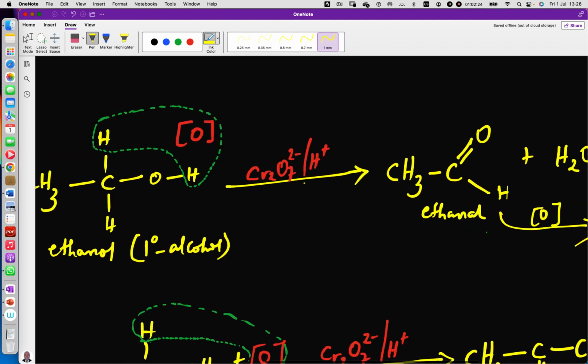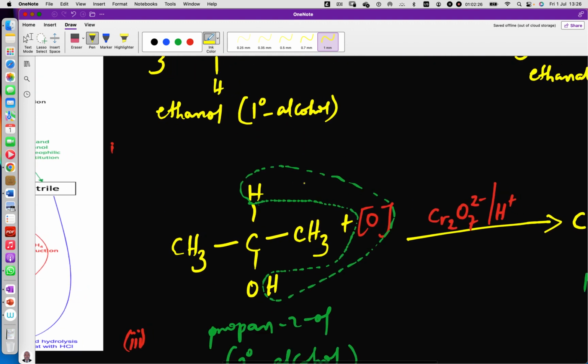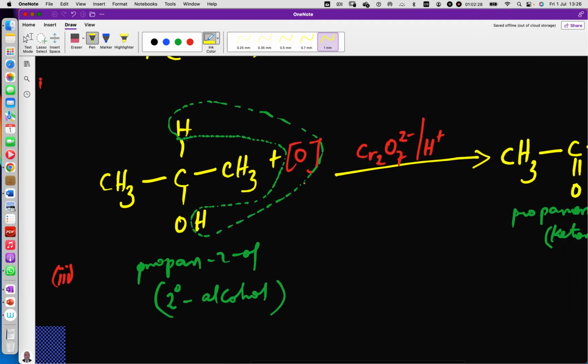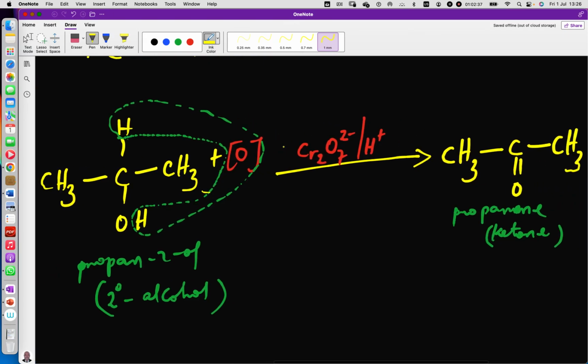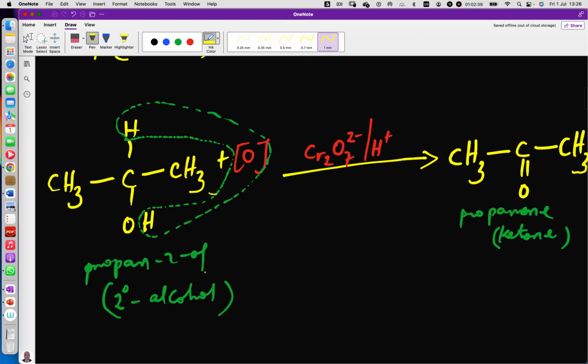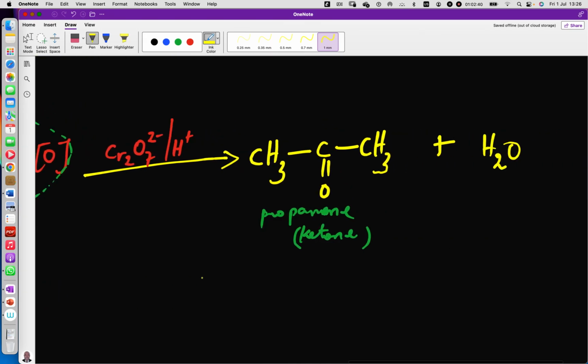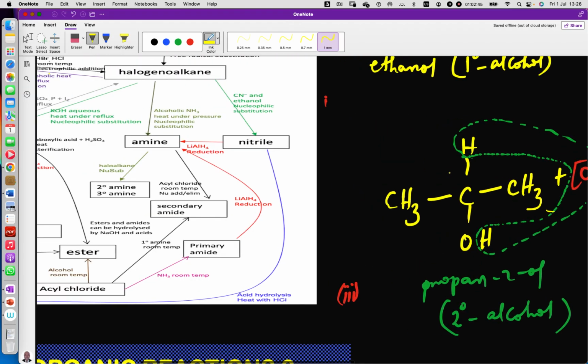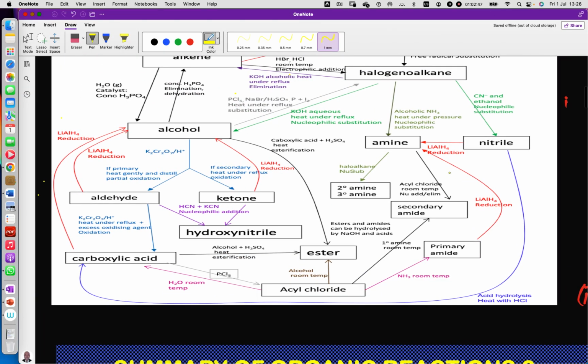Now secondary alcohol, on the other hand, using acidified potassium dichromate 6 is oxidized to a ketone. I gave an example of propan-2-ol being oxidized to propanone and water. So that is oxidation of alcohol to ketone and to aldehyde.